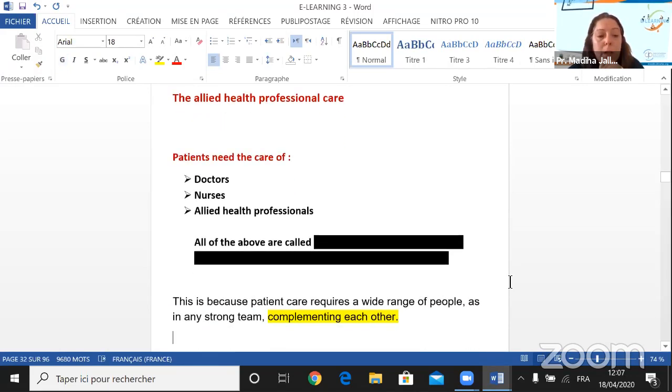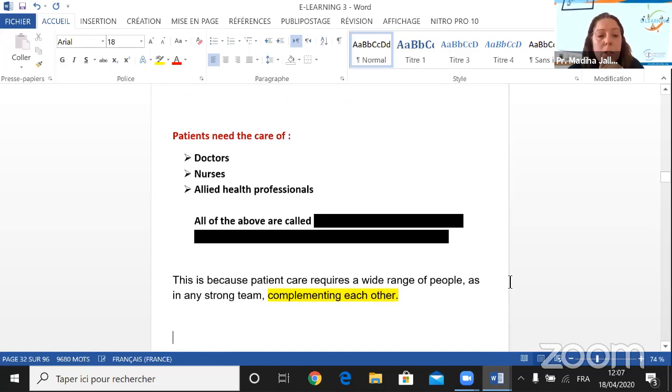Just by the way, you call all of them, the doctors, the nurses, and the allied health professionals, what? For example, these days we express our thanks and gratitude to the doctors, nurses, and the allied health professionals for their hard work and sacrifice and fight against the coronavirus.